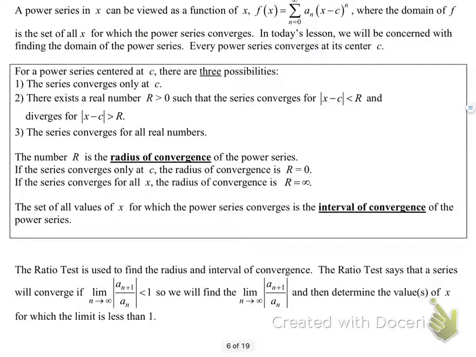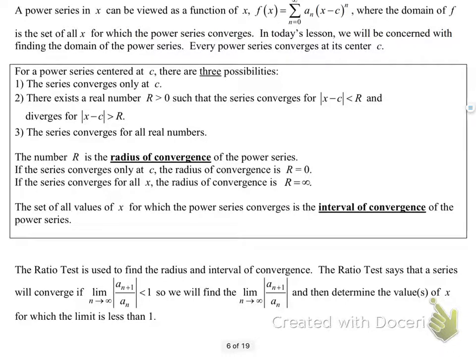And the third thing that is possible is that it converges for all real numbers. The number r is the radius of convergence of a power series. If the series converges only at C, the radius of convergence is r equals 0. If the series converges for all x, the radius of convergence is r equals infinity.